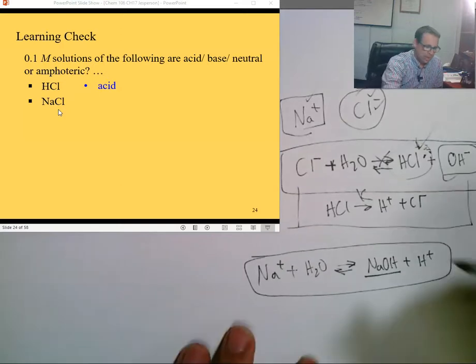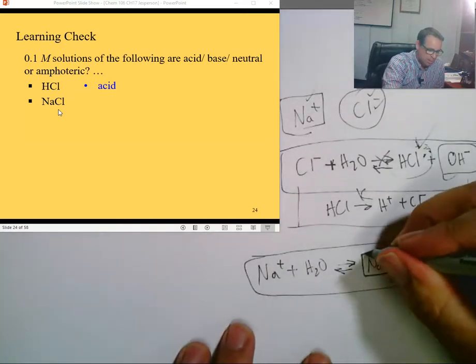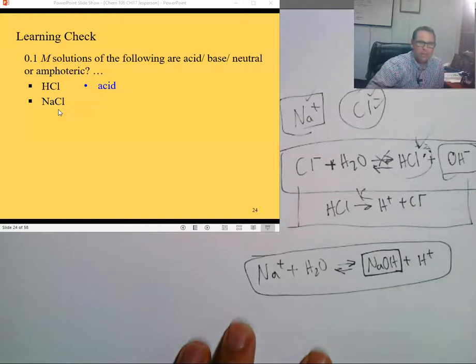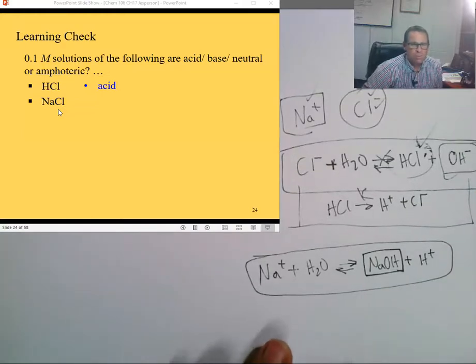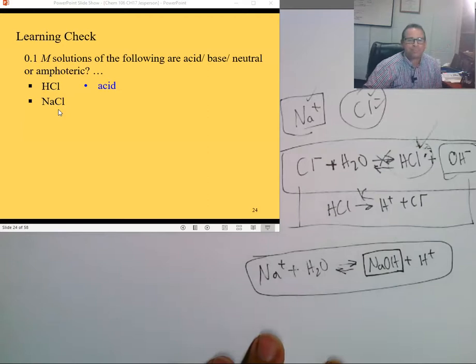I don't know. It's because this sodium hydroxide, what kind of a compound is that? Do you know? What is sodium hydroxide? Is it an acid? Is it a base? I don't know. It's a base.